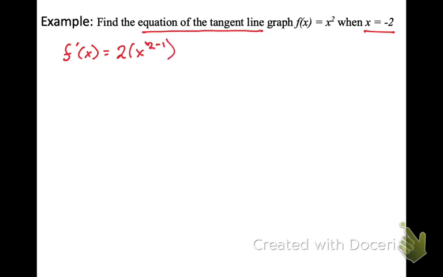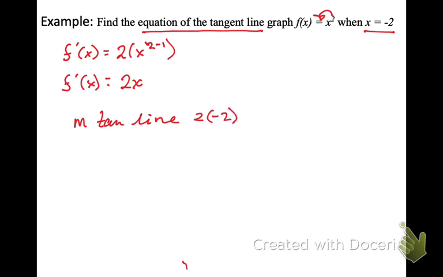My slope is 8. This is supposed to be easy. I got 2x. But my slope is 8. I'm not plugging anything in to get the derivative. I'm taking the 2 out front and subtracting 1 from the exponent. Now, my slope of my tangent line... Isn't it negative 4?